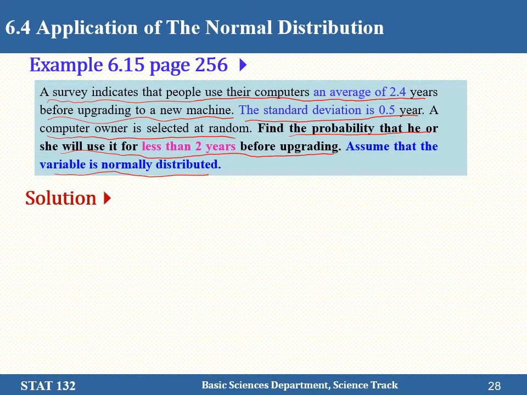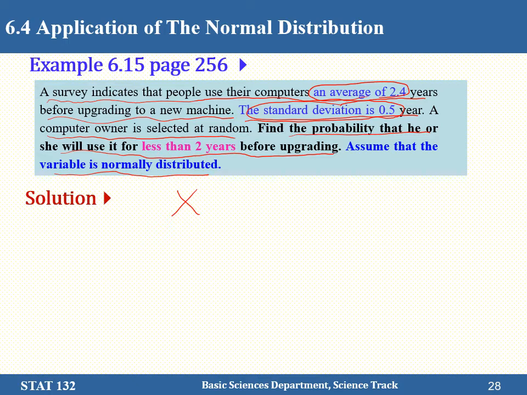Now in here, first you have to understand what the variable is and what type of distribution it has. Most of the time, in normal distribution questions, we give you the average and the standard deviation, and we say it's normally distributed.